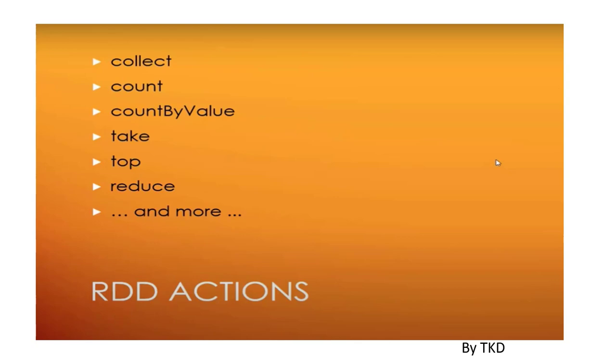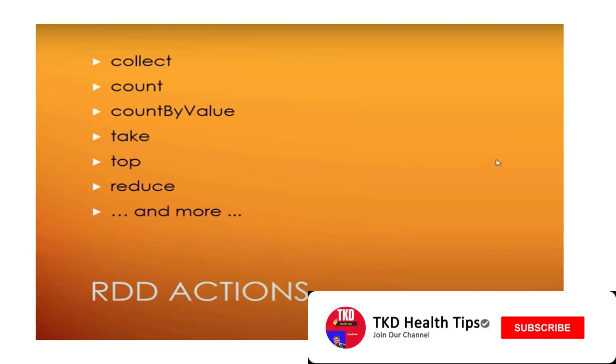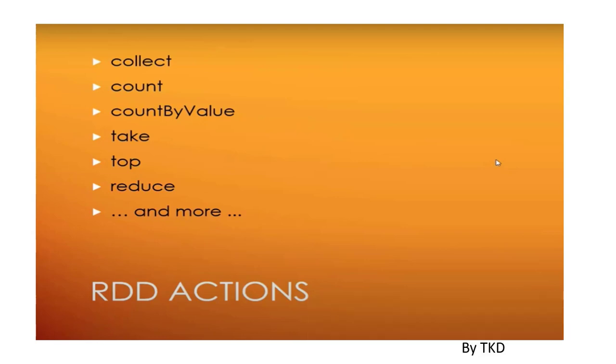At that point, it will construct a directed acyclic graph and get it executed in the most optimal manner on your cluster or on your desktop, wherever you are doing it, and then return the results. So all these actions are what trigger something to actually happen in Spark. So yeah, collect just gathers all the data in your RDD and passes it back to the driver program.